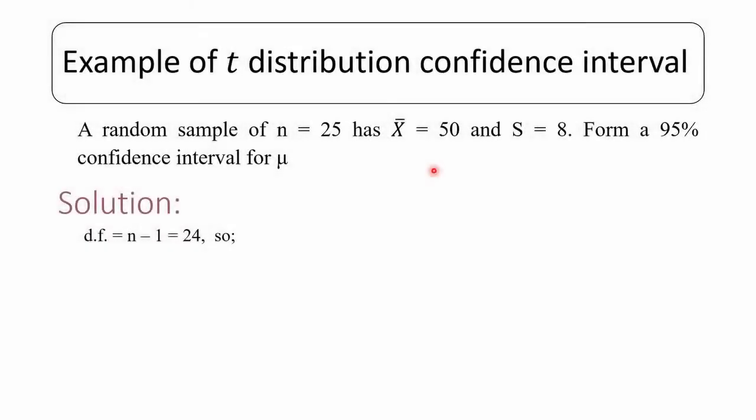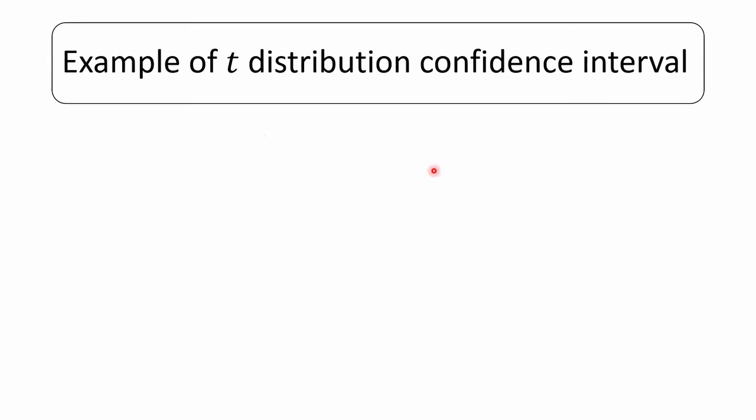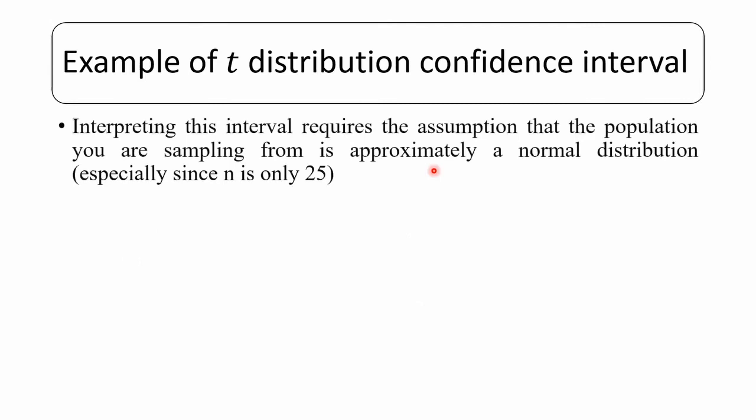Right, so like we did in the calculation, you find out your degrees of freedom is 24, your t of alpha over 2 is 2.0639, and you simply substitute it to your equation, from which you get the interval for your population mean.